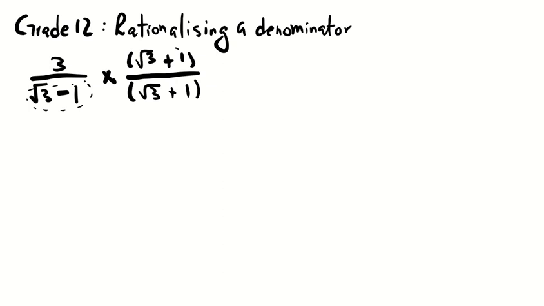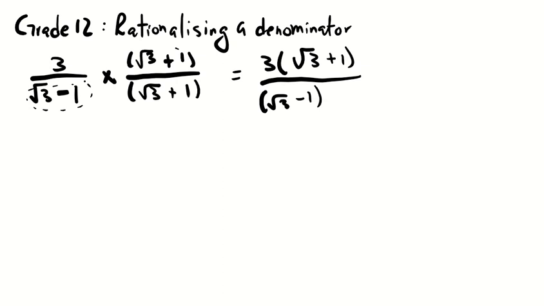And then when you perform the calculation, you will get something that looks like this, over square root 3 minus 1 multiplied by square root 3 plus 1. This looks like a perfect square, but I'm going to do it the long way so that everyone understands exactly how it's done.